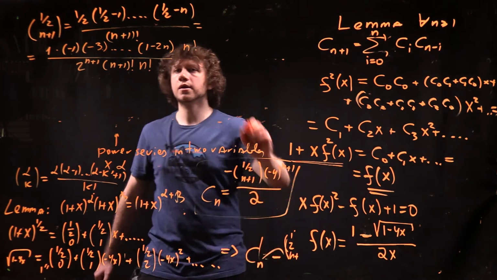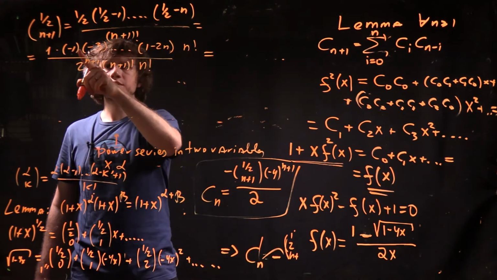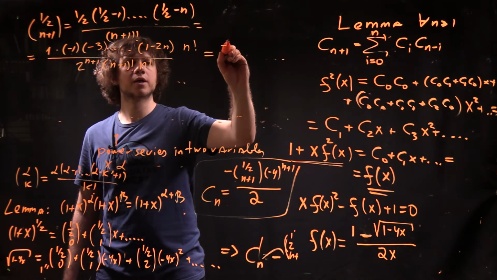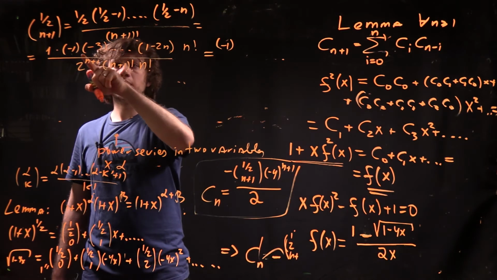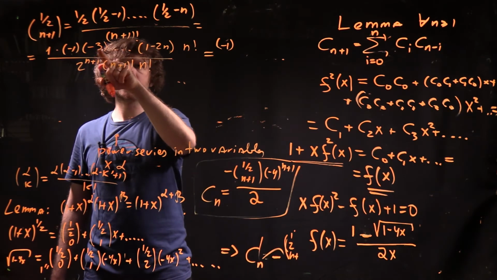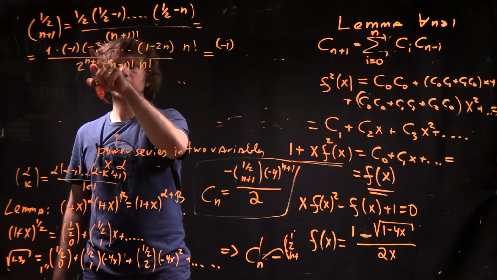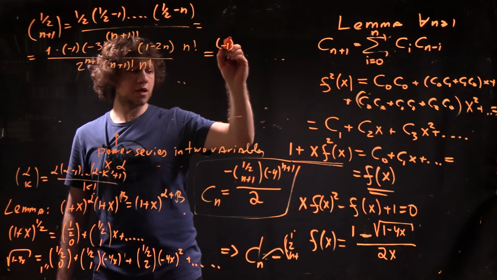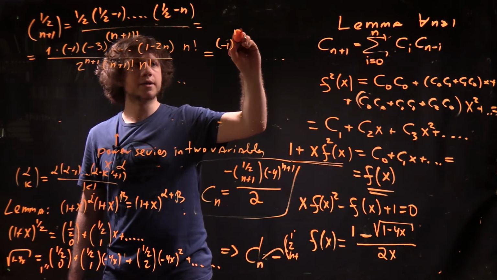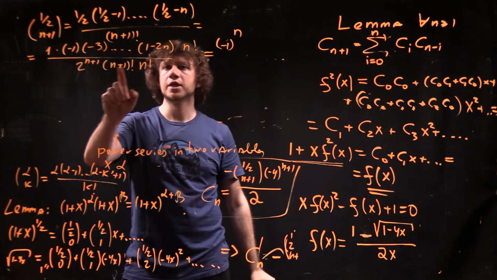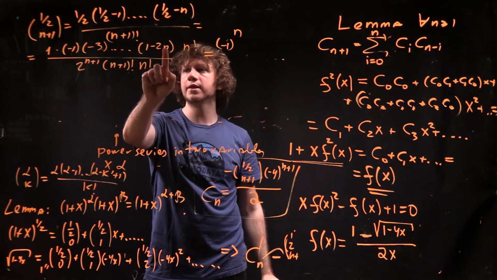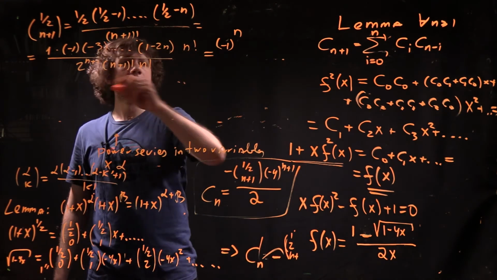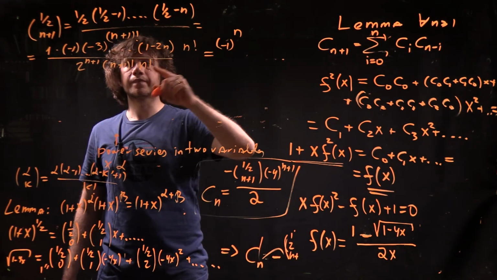So first I will collect all the minus signs, and this will be (−1)^n. If n equals 1, this will end here, and I will have a minus sign, so (−1)^n.